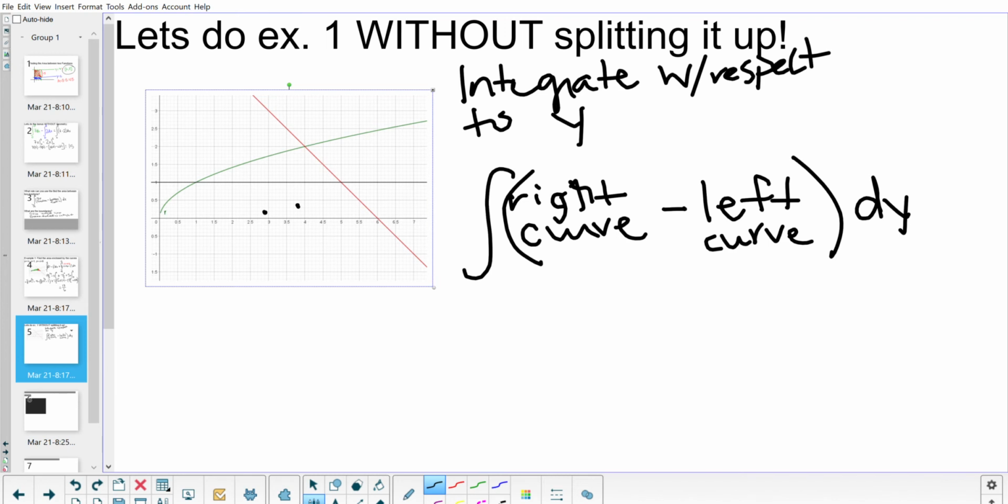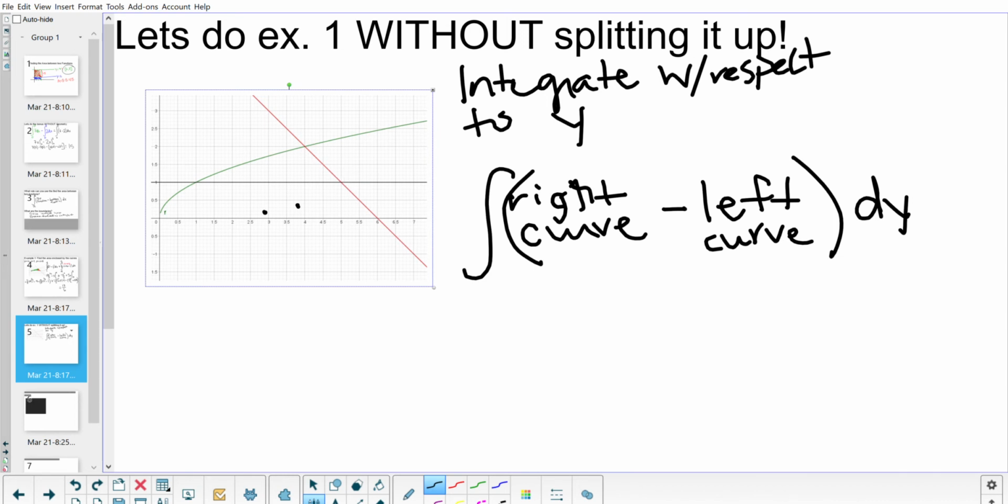So if we're integrating with respect to y, that also means that our limits of integration have to be with respect to y as well. So basically then, instead of looking at the leftmost x value to the rightmost x value, those are how we thought about our limits of integration last time.